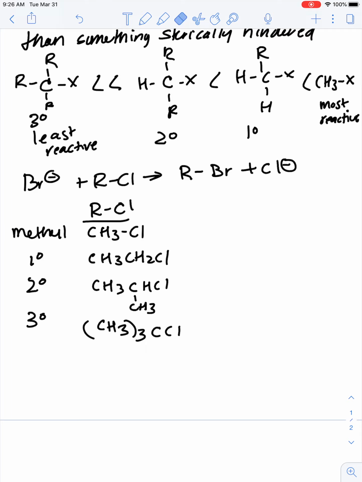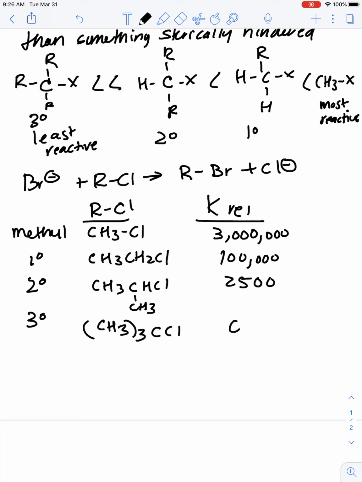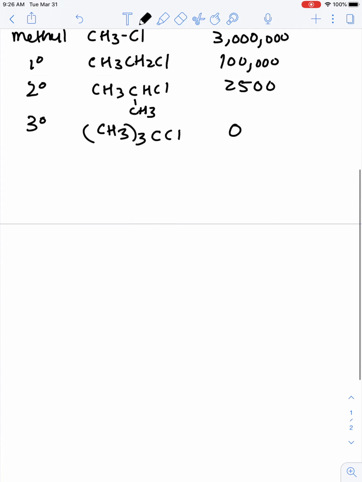Oh, sorry about that. So our relative rates, you can see a very large difference between all of these values. And again, remember the larger rate is going to have a faster reaction. So you can see again, a tertiary is not going to proceed via a SN2 reaction.